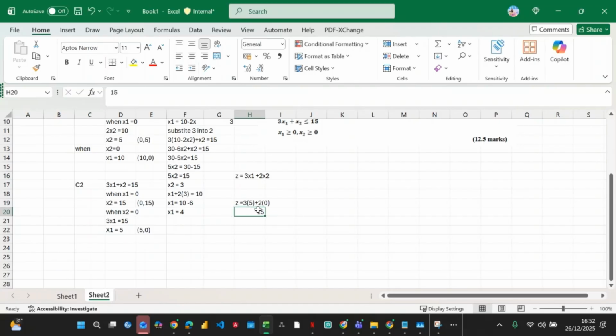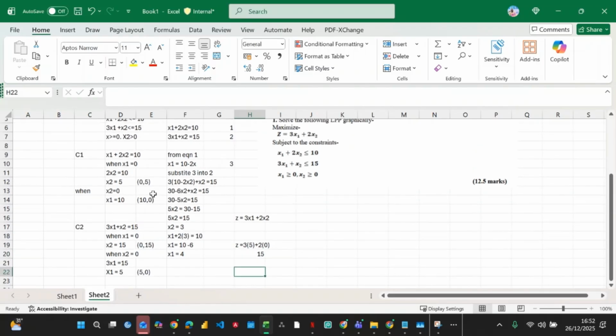So 3 times 5 is going to be 15. So this is what we have here. We have 15.